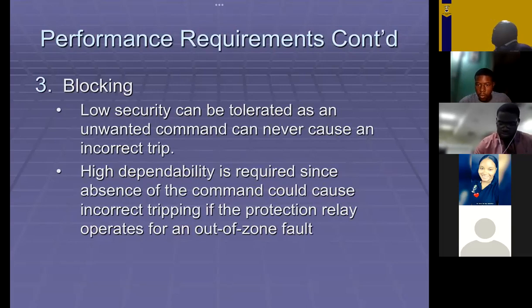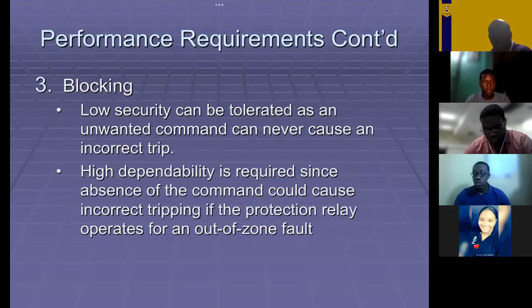So if the communication that is available in an area is not very secure, meaning the disturbances, the noise present in the area can give you a false signal, but it is highly dependable, and a dependable medium here could very well be a copper pair.